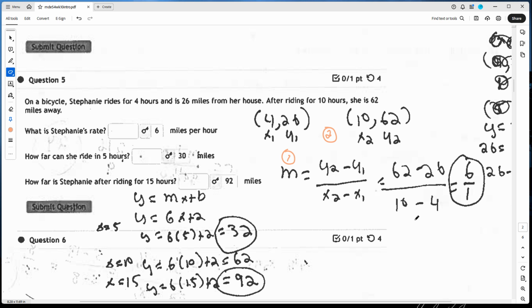Then the third thing you do is you plug into the formula. And the fourth thing you do is you simplify. In this case, you end up with 6 miles per hour. So the first one there. Second one, how far can she ride in 30 miles?